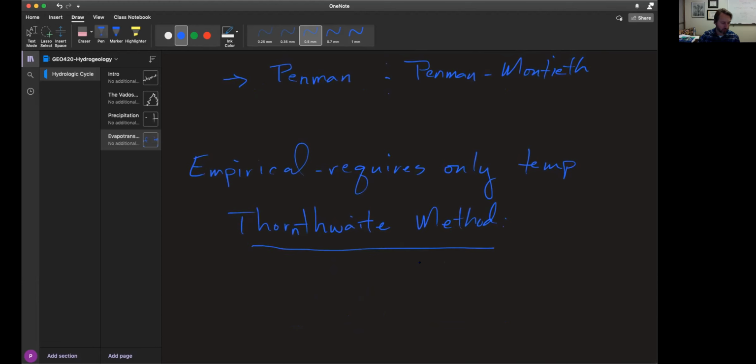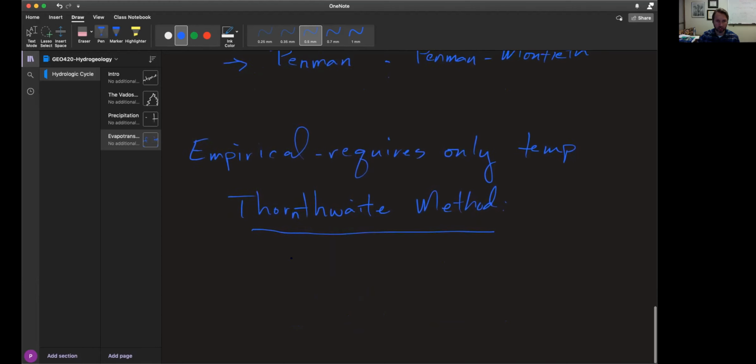But it's a sort of fundamental way to calculate or estimate potential evapotranspiration using temperature only.